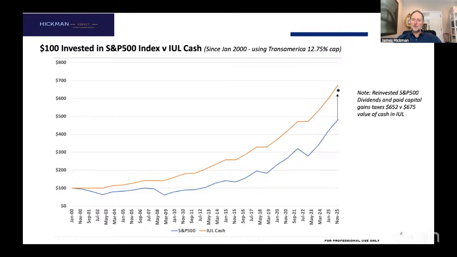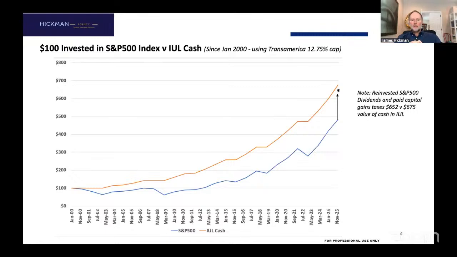I only needed 34% of the upside. I can get 50% of the upside in a fixed equity indexed annuity, or I could get 12.75% tax-free of the S&P 500's performance. Is that going to amount to 34% of the stock market over time? Probably should.